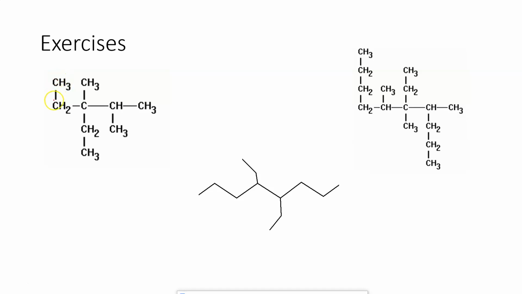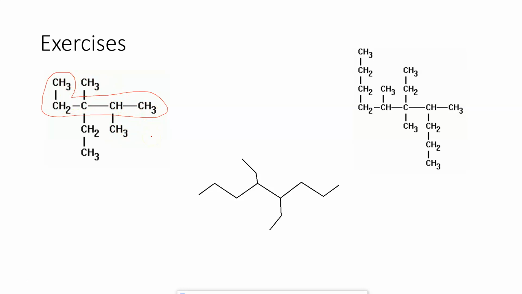Look at this. 1, 2, 3, 4, 5. Again. 1, 2, 3, 4. Now. 1, 2, 3. Now. 1, 2, 3, 4. So really the longest chain contains 5 carbons, right? So I'm gonna say that this is my longest chain. 1, 2, 3, 4, 5.